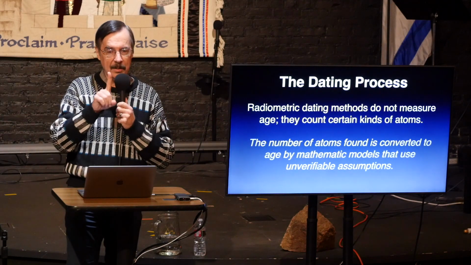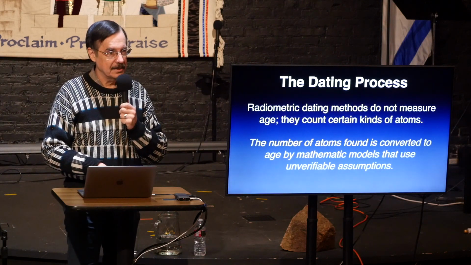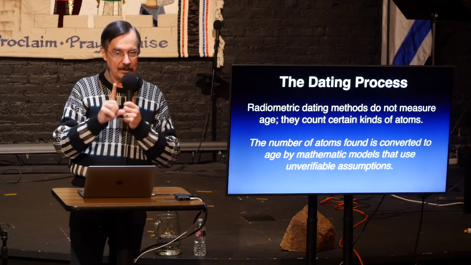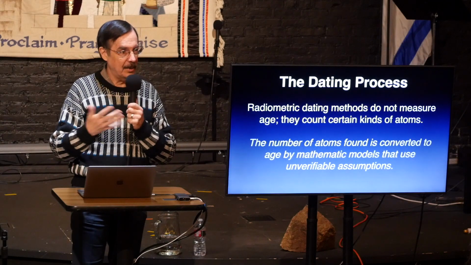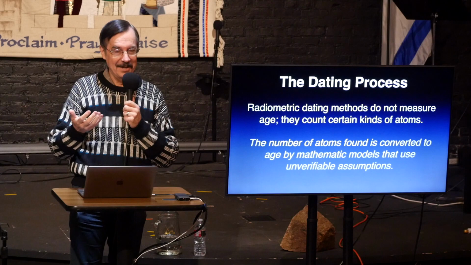You have one number that you can measure and a half a dozen other ones that you can't, and therefore you plug that one number that you can measure into there, guess on the other ones, and come up with a date. Well, what could go wrong?